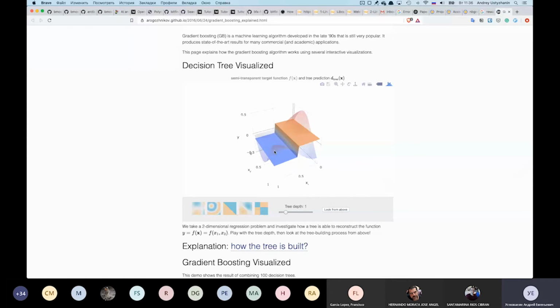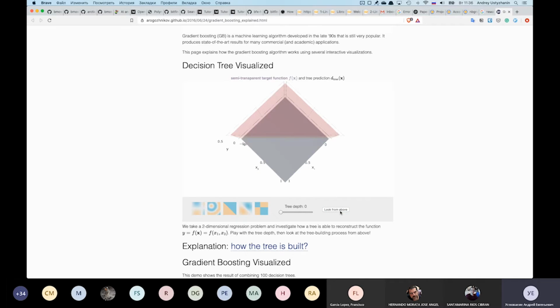So you see here I have a function, so I can pick from a set of functions that I want to approximate by a decision tree. Usually we look at those functions from above, something like this.